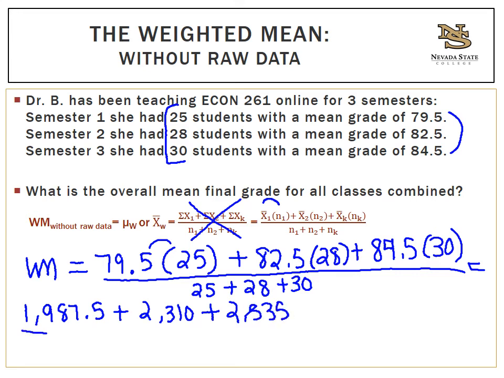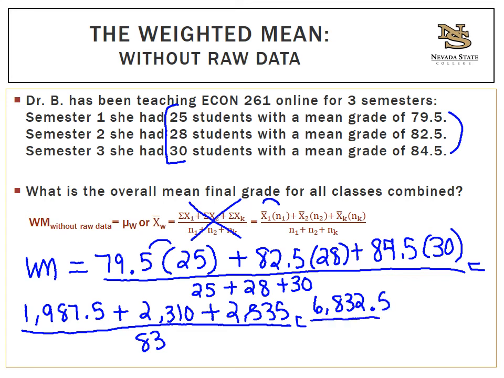And then we're going to divide that by 25 plus 28 plus 30, which is 83. Then you end up with, you got to add all those values in the numerator together, 6,832.5 divided by that 83.